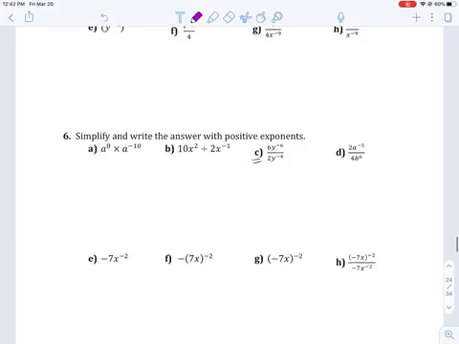Okay, I can do maybe one more. This looks a little bit scary maybe with all these negatives. So this would be 6 divided by 2, which is just 3. And y to the negative 6 minus negative 4. Right, when we divide powers with the same base, we subtract the exponents.